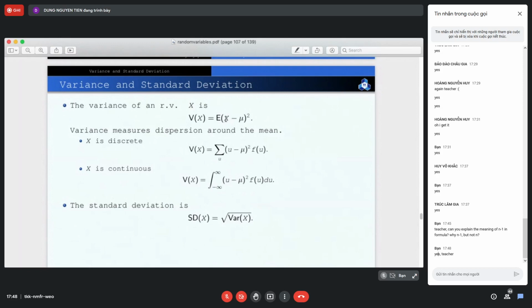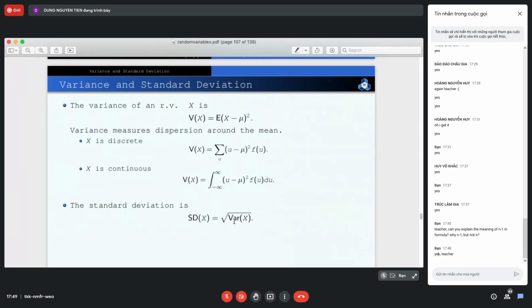If the unit of x is dollar, then the unit of the mean value is also dollar, but the unit of the variance is dollar squared. If you want something with the same unit, you need to apply the square root of the variance. Then you come up with the concept of the standard deviation: the standard deviation of x is simply the square root of the variance of x.